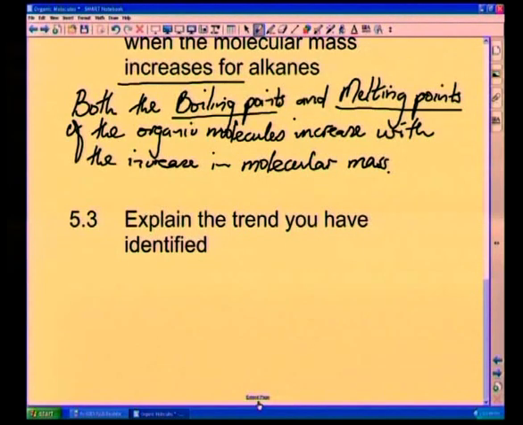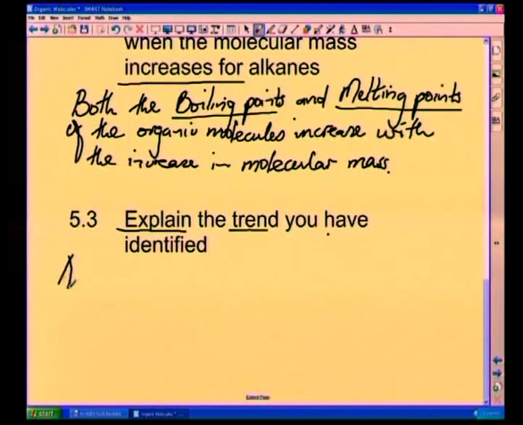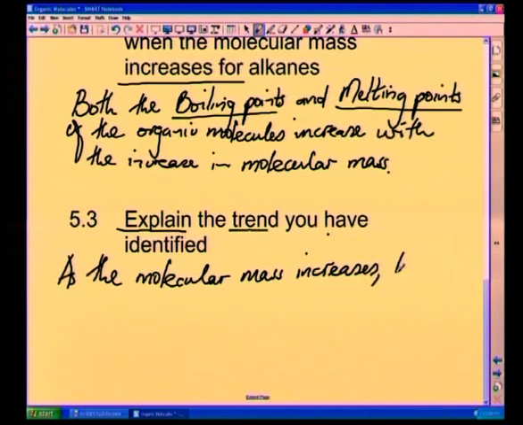Explain the trend you have identified. That's exactly what we are seeing, explaining why it is happening like that. As the molecular mass increases, the intermolecular forces become bigger.